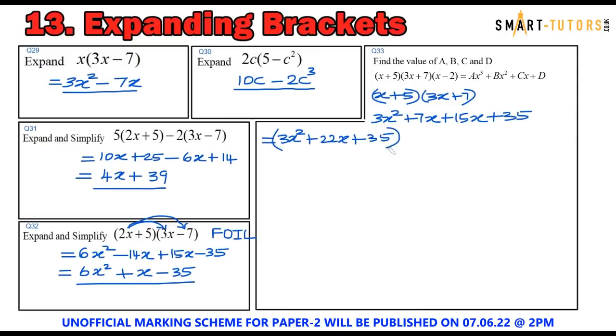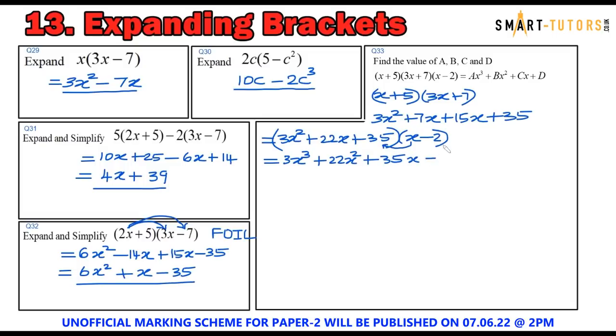That is going to be multiplied by x minus 2. So now multiply x times 3x squared, so 3x cubed plus 22x squared plus 35x. What I'm doing is multiplying by x the entire bracket.